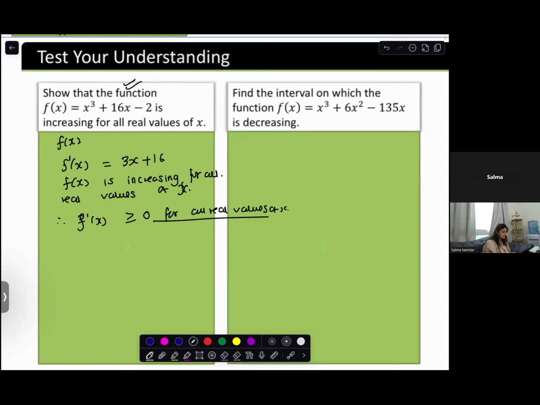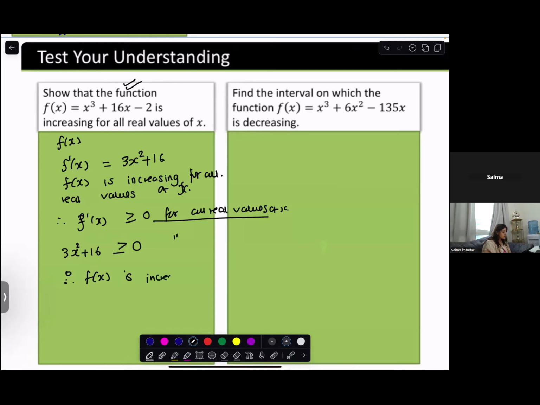Therefore 3x square plus 16 is greater than or equal to 0 for all real values of x. Do I need to say anything? This is positive 16, so I don't need to state. And this 3x square, because it is an x square, it is always going to be positive. So I would say, therefore, f of x is increasing.